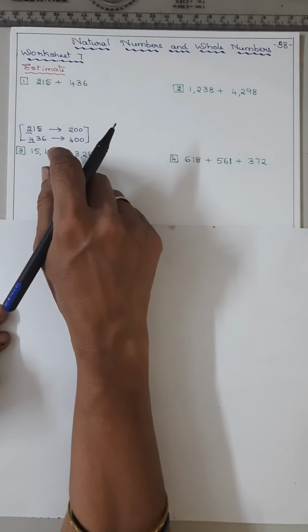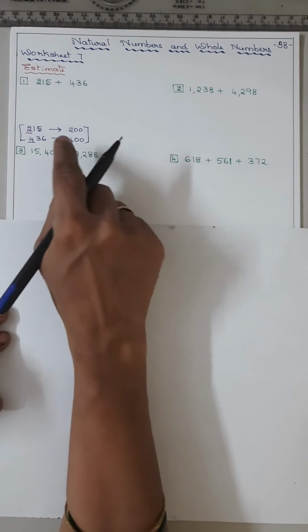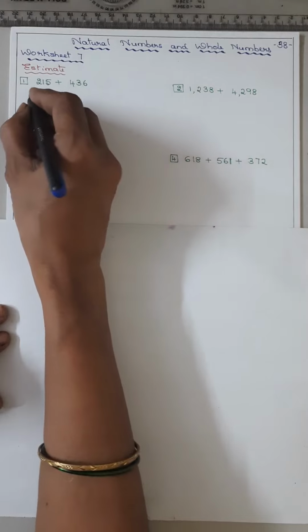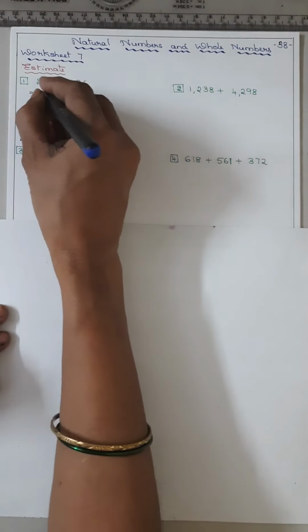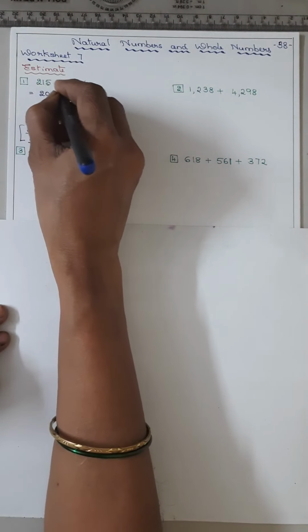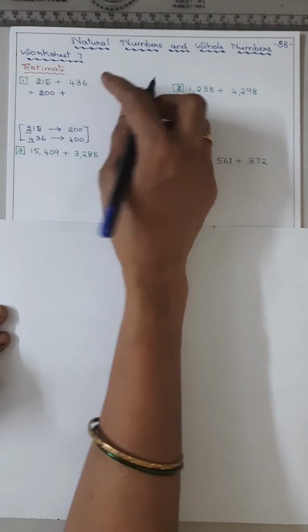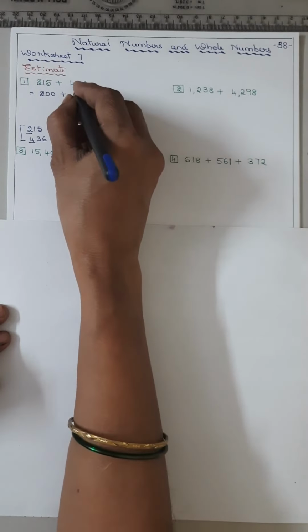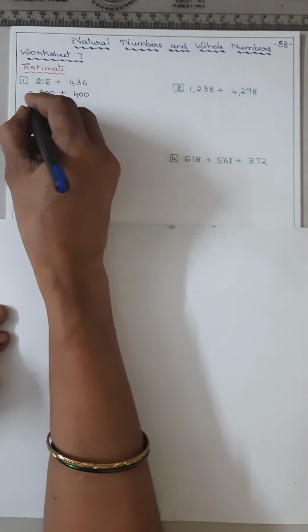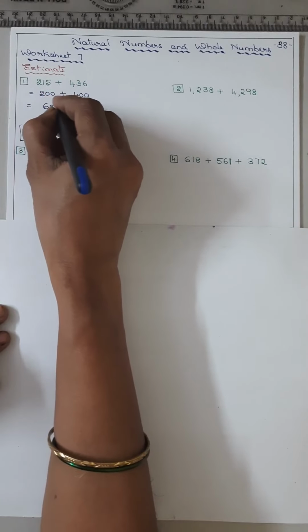Remember the rounding off method. Now 215 is rounded off to 200 and 436 is rounded off to 400. So the answer is 600.